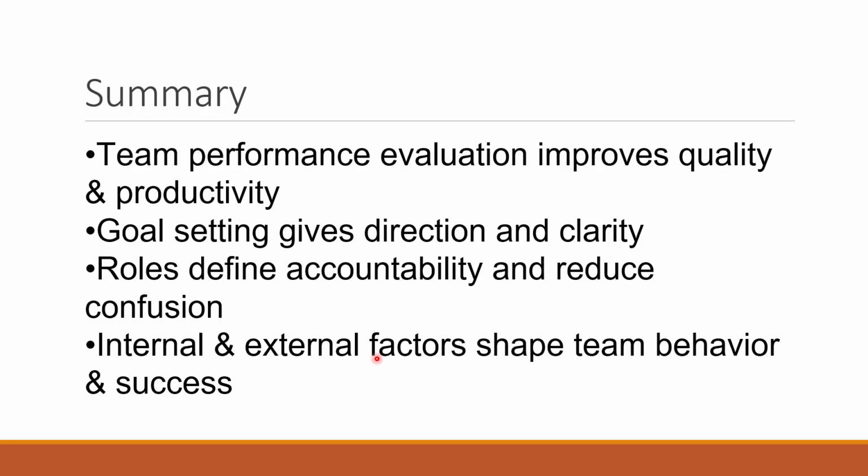And the external factors include economic condition, competition, and customer expectations. They also impact team building. So together, these concepts have helped us understand how to create a strong, efficient, and motivated team inside any organization.